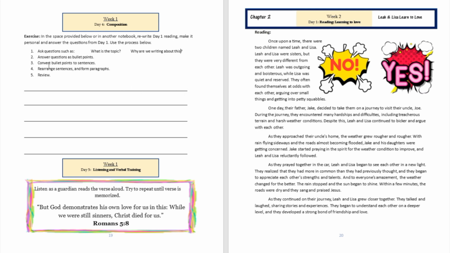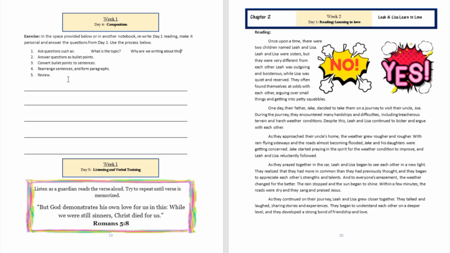Then step number 3, in writing your own essay, you are going to convert your bullet points into sentences. In other words, I am going to be writing today about patience. Well, that's your own sentence over there. Make it yours. And why are we writing about this? Because we want to see how a child learned patience from his daddy.